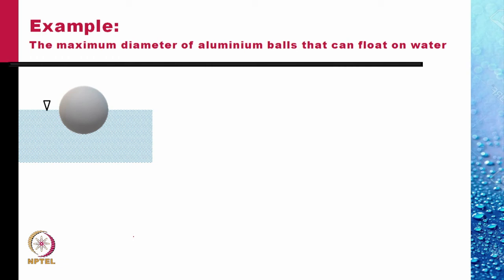It stands to reason that at the maximum size of the ball, when the weight of the ball would be maximum, the surface tension force would be maximum. And the maximum surface tension force would occur when the ball is immersed up to its equator.